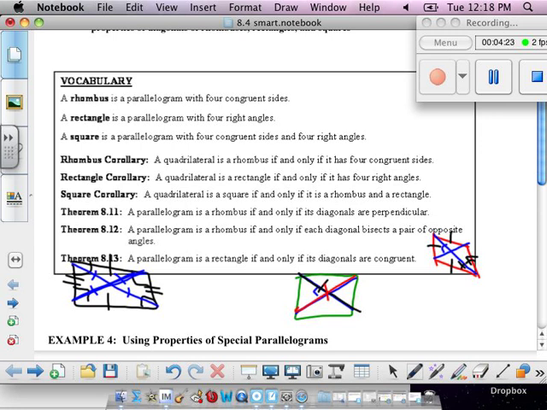Next, ladies and gentlemen, I've got my rhombus corollary, which you have to draw what it says up there, and I'm going to give it to Jane. Okay, you're going to draw the picture.